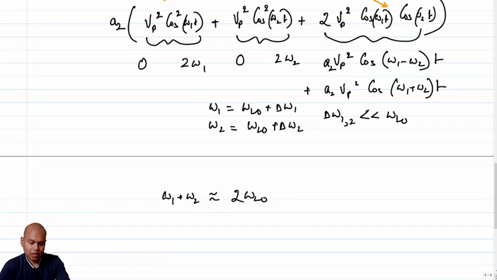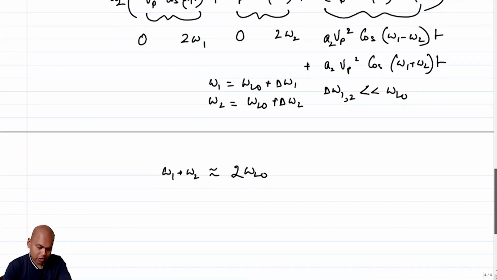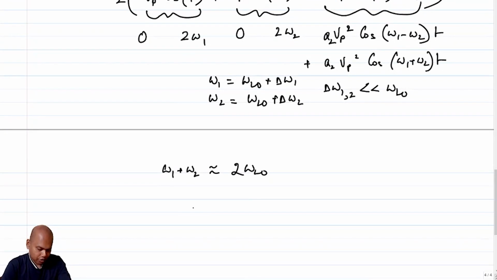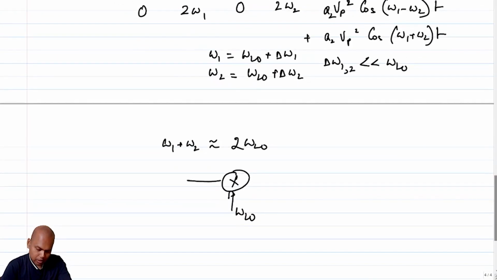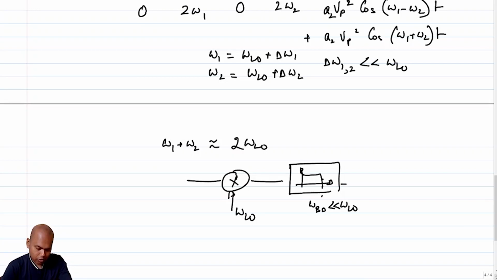If that is the case, then we understand that omega 1 plus omega 2 is approximately equal to 2 omega LO. Correct? So now in the context of your LNA being driven by a mixer having omega LO as the clock, and a low pass filter whose cutoff frequency is much less than omega LO, do you think this input at 2 omega LO is of significance?